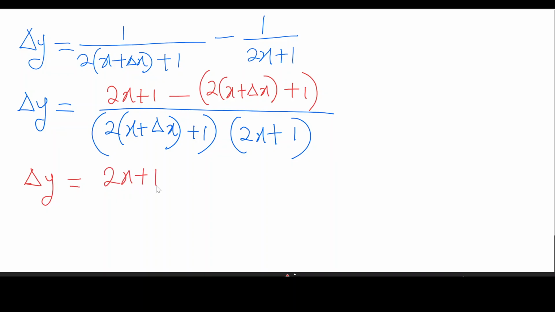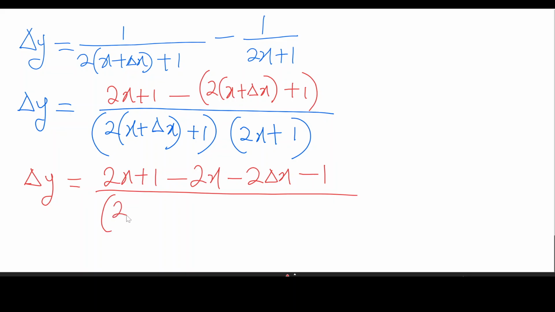So we have minus 2x when we expand. Then we have minus 2 delta x. Then we have plus 1. Sorry, we have minus 1. All over 2 into x plus delta x plus 1. Then we have 2x plus 1.